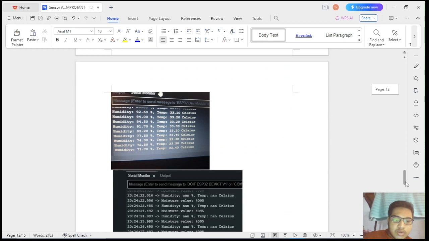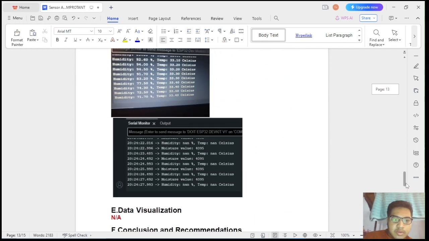This is the result. The reason my humidity and temperature sensors are showing NaN is because, while hooking up the sensor to show both results, I accidentally broke my sensor, the DHT22.